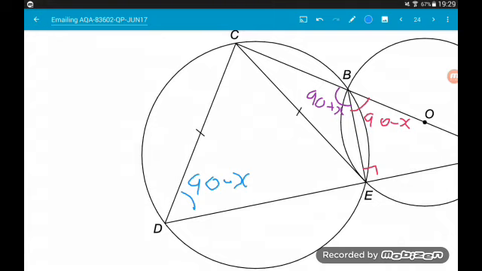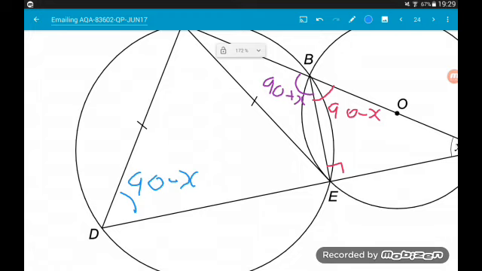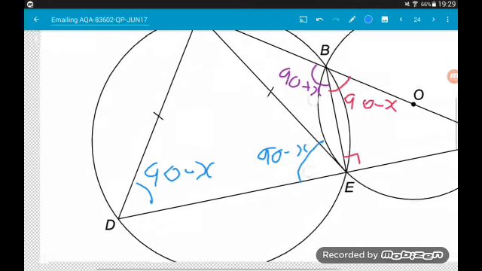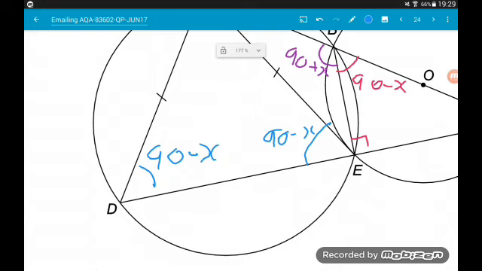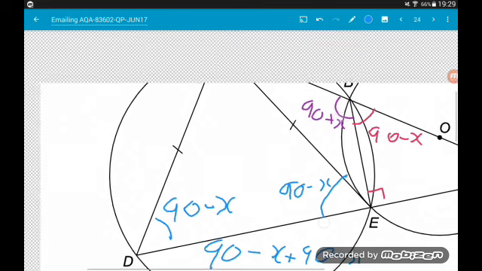Now we're in an isosceles triangle, so this bottom angle on the right is also 90 minus x. So at the moment, the inside of this triangle, our angles add up to 90 minus x, add 90 minus x, which is 180 minus 2x.